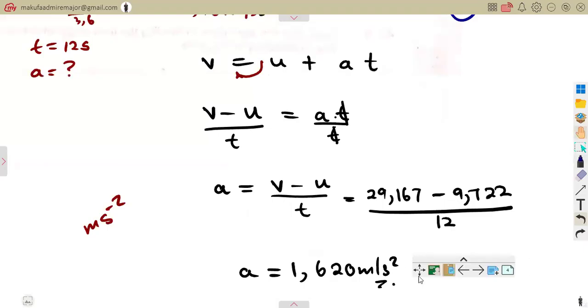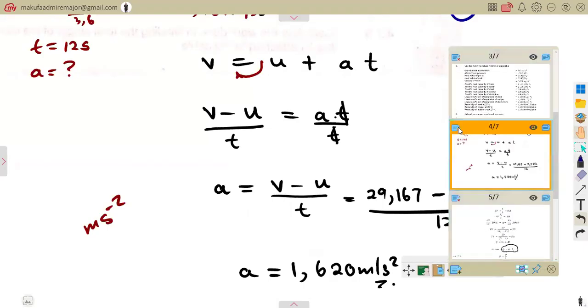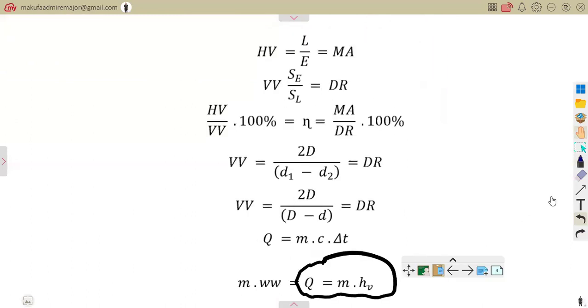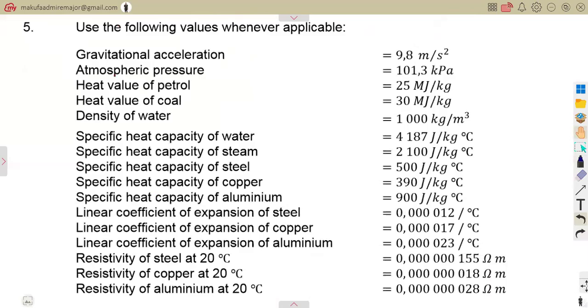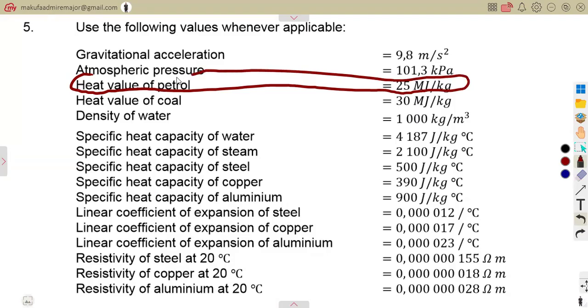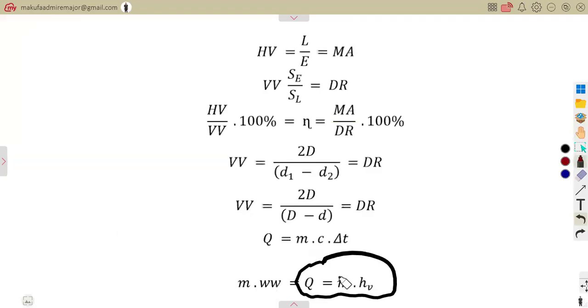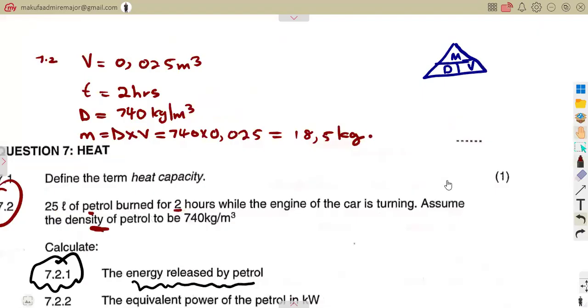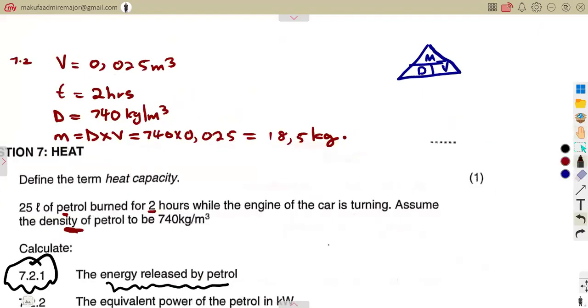I need this one here. Considering this, the heat value of petrol is 25 megajoules per kilogram. So mass times heat value, that was going to give us the energy.